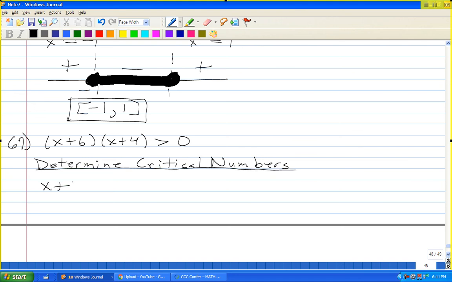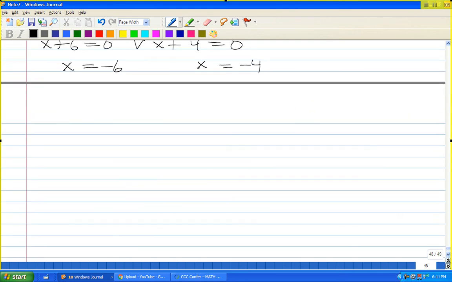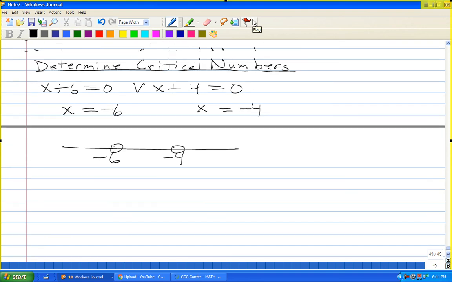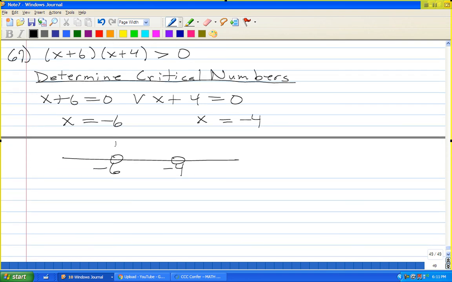So let's set each of the factors to 0 and solve for x. So x is negative 6, x is negative 4. Let me place those on my number line. And so, let me take a number greater than negative 4.